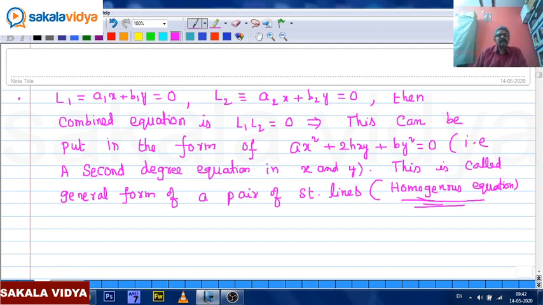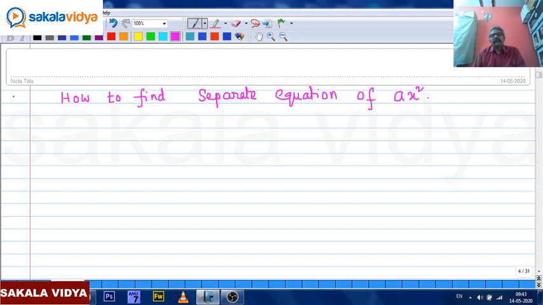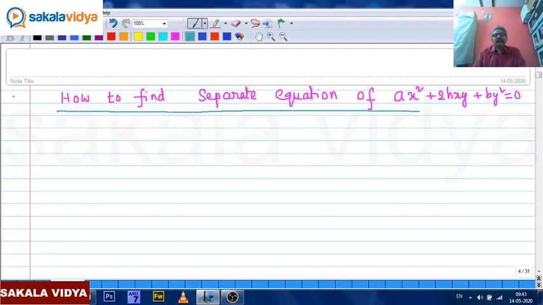So now, how to find the separate equations of ax square plus 2hxy plus by square is equal to 0?